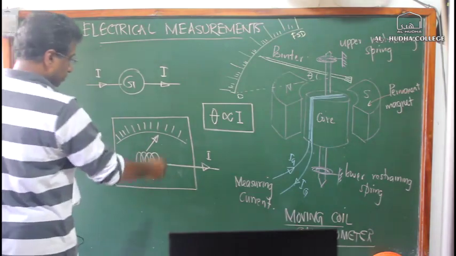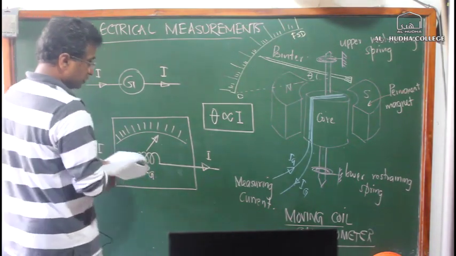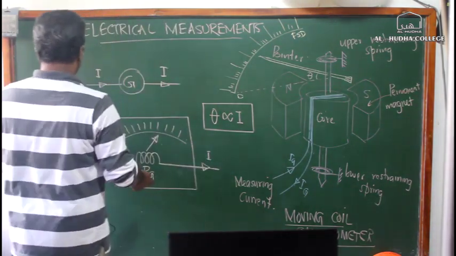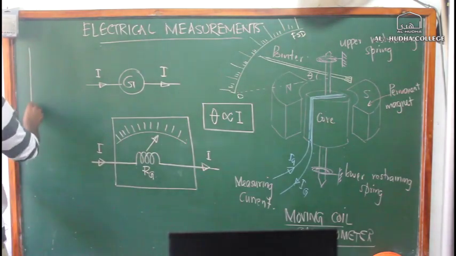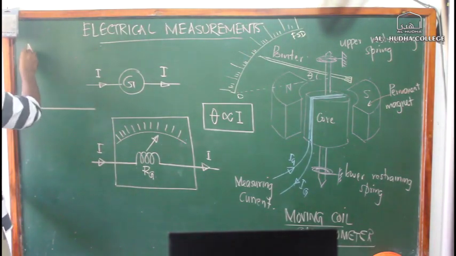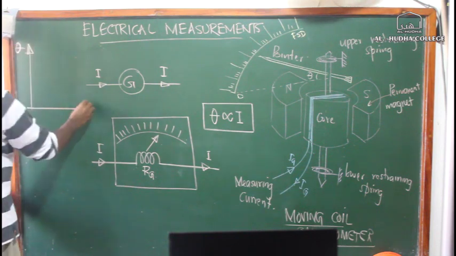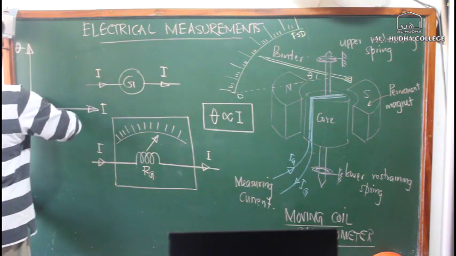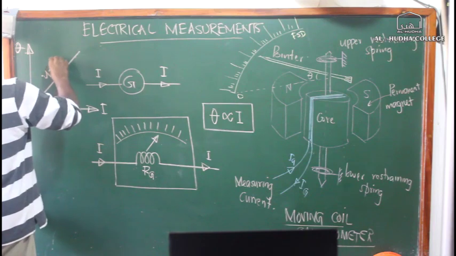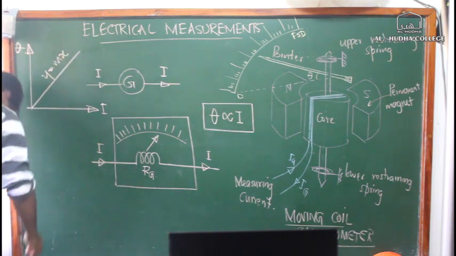So if you want to represent this in a graphical form, or in a graph, you can write it like this: theta proportional to current, y equal mx, right?